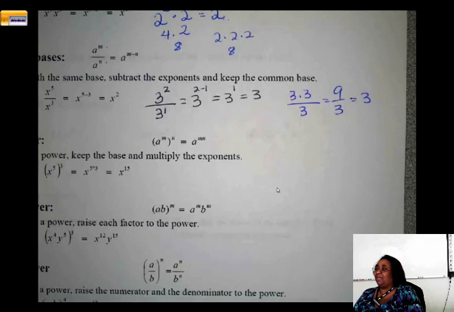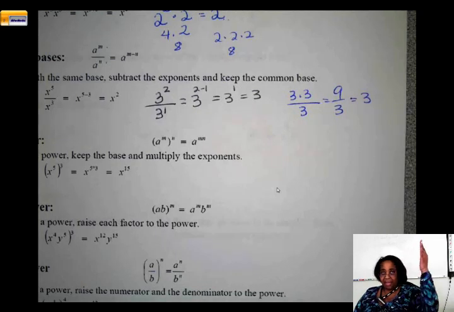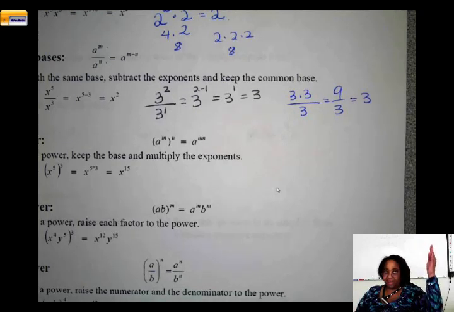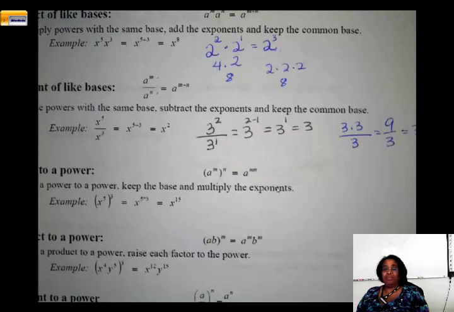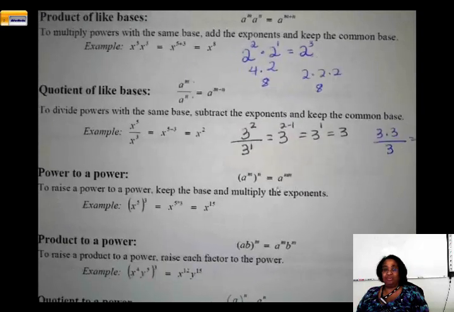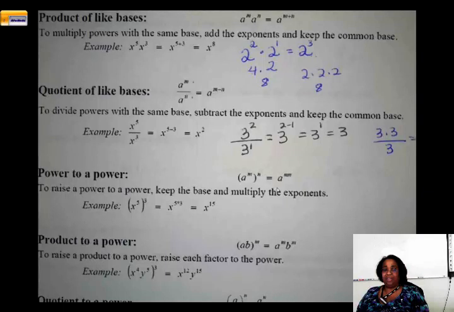As long as the base is the same, and I am dividing two bases that are the same, I will get the same answer if I subtract the exponents. The top exponent minus the bottom exponent will give me the same answer. So are there any questions on the product rule or the quotient rule? Multiplying or dividing? No questions?